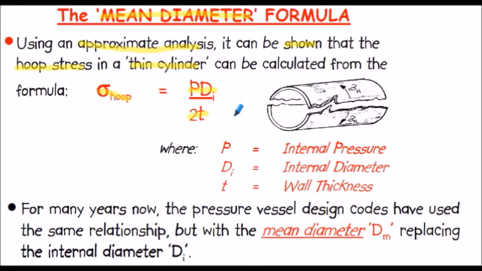related to thin cylinders, where P is the internal pressure, Di is the internal diameter, and T is the wall thickness. However, I was informed by a pressure vessel engineer a few years ago that in the pressure vessel design codes, they have used this relationship, but using the mean diameter, Dm here, replacing the internal diameter, Di, in the above equation.